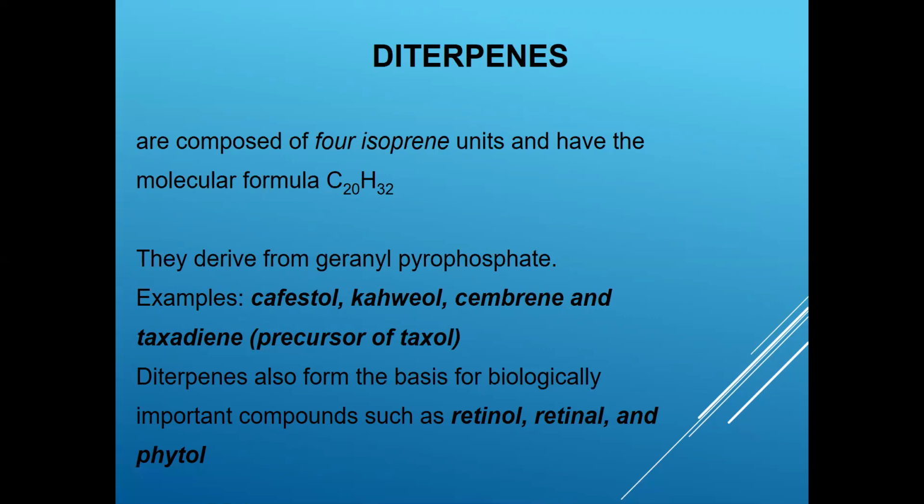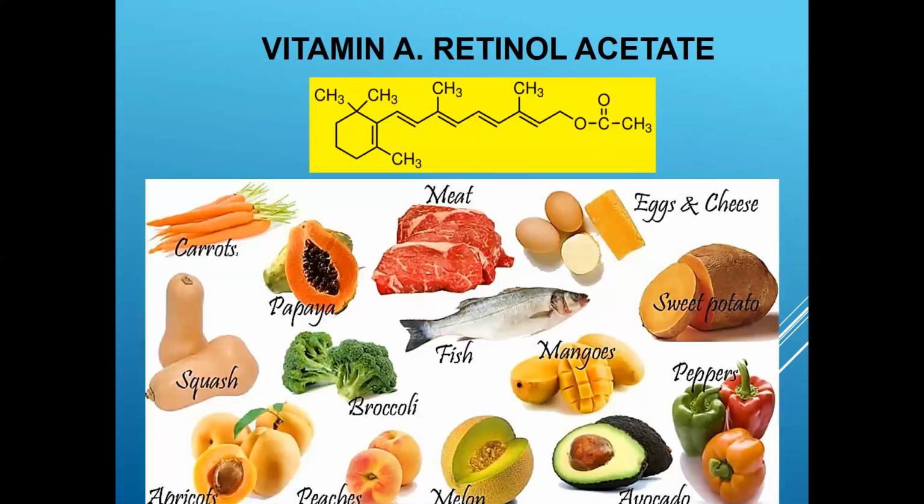Diterpenes also form the basis for biologically important compounds such as retinol, retinal, phytol. You can see the chemical formula of vitamin A, retinol acetate, and products which contain vitamin A.